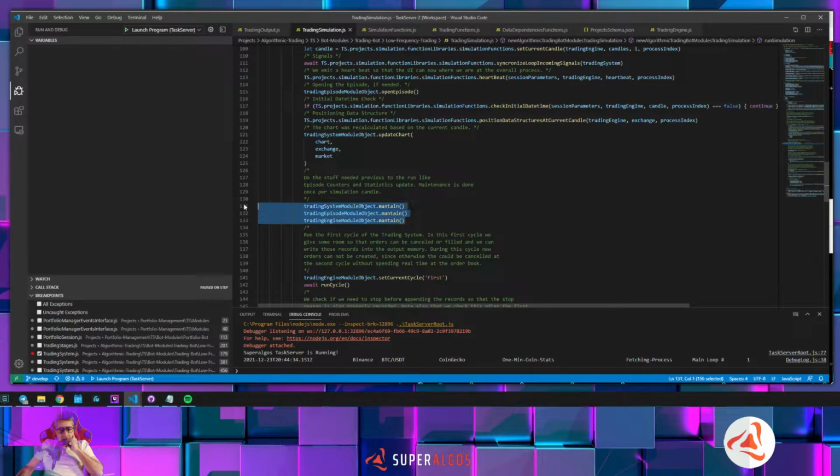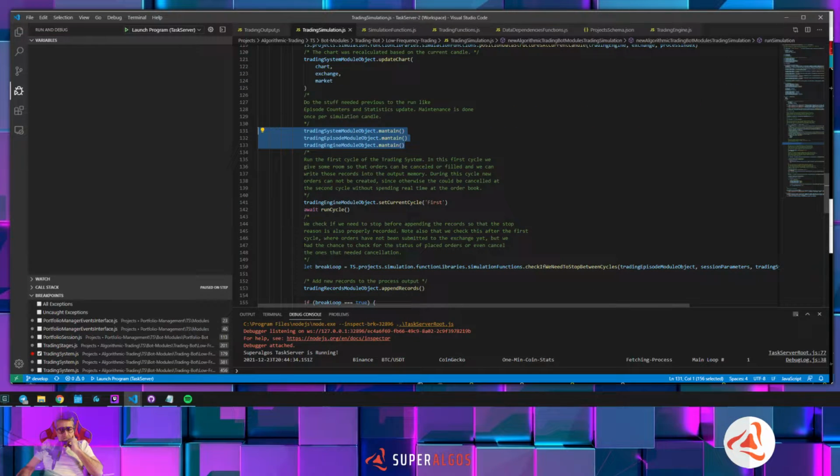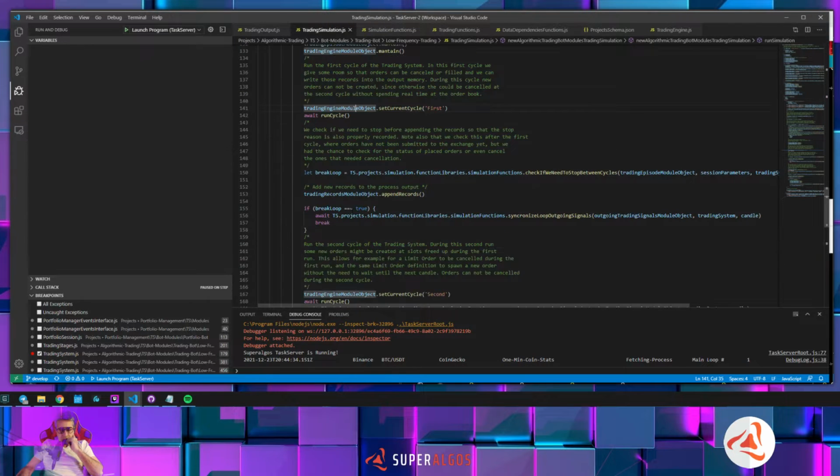Then we got these maintain functions. Then we set which is the cycle, and we run a cycle. We check if we need to break the loop based on several conditions.